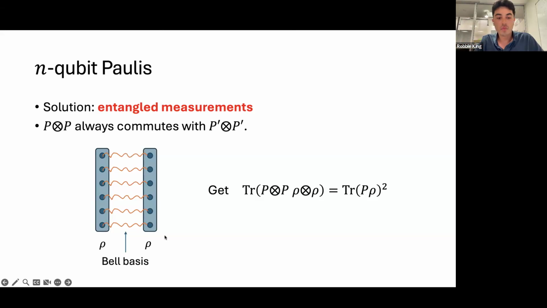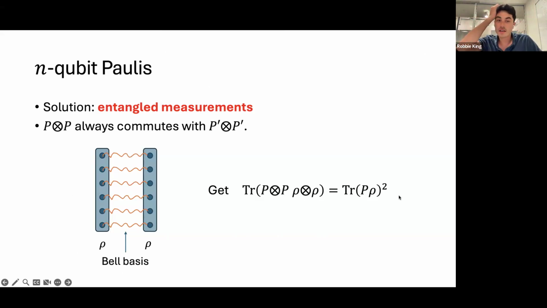So the protocol to perform shadow tomography on the Paulis is that we take 2 copies of the quantum state and we place 1 on the first register, 1 on the second register, and then we measure in this entangled Bell basis. And this lets us simultaneously estimate all expectation values of the form trace of P tensor P times rho tensor rho, which is trace of P rho squared.